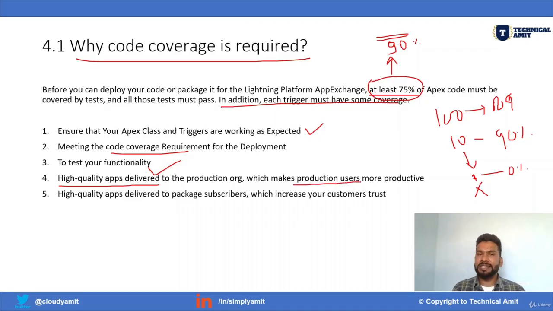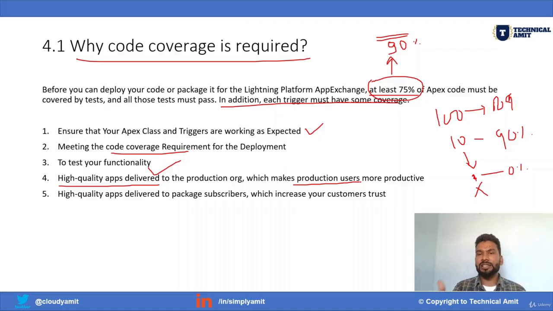The reason is that if you are giving a functionality which is less buggy, more stable, and more scalable in the long term, production users, like your sales representatives who are targeting the leads, or your service representatives who are helping your customers, will be able to work without any interruption.